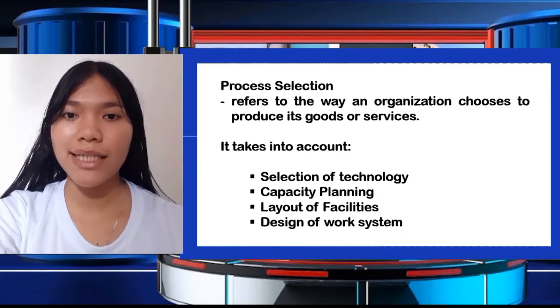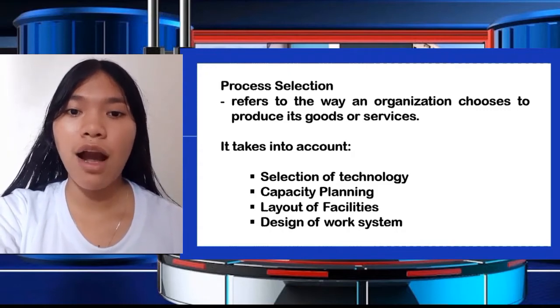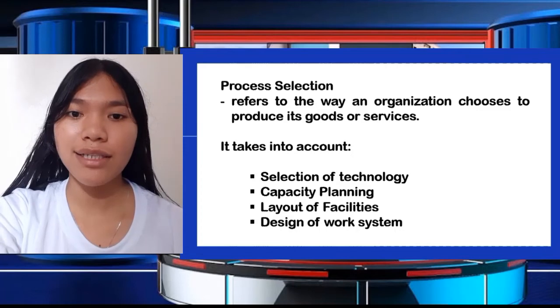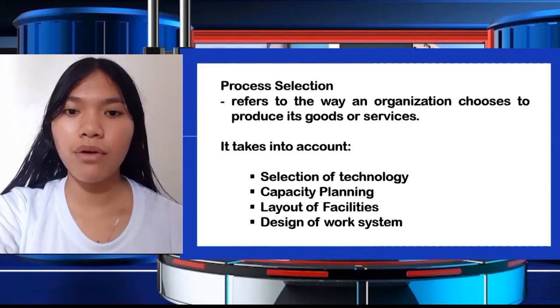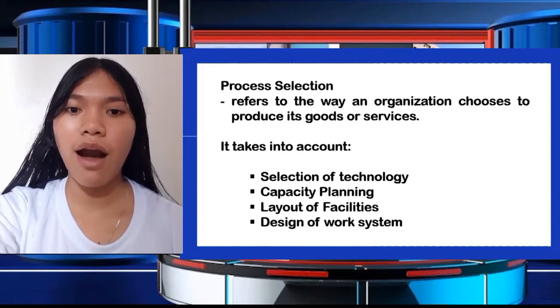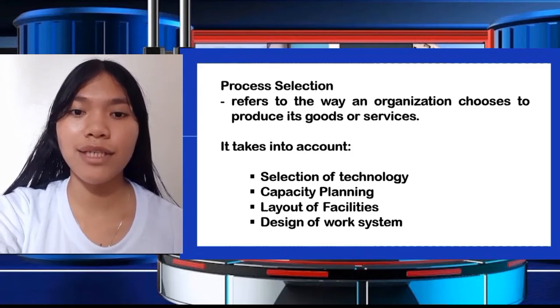First, we will discuss selection of technology. Technology is very essential in an organization, wherein they can work easier and faster, and the flow of their operations will be continuous. In process selection, the organization has to select the technology that is suited to the operations they are going to take.